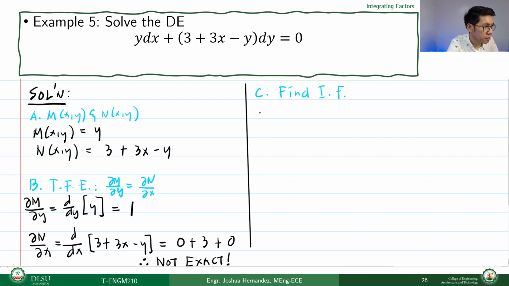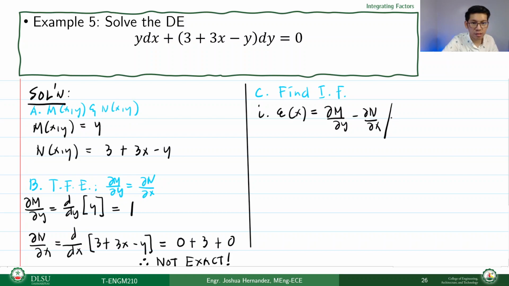We first consider phi of x equals partial derivative of M with respect to y minus partial derivative of N with respect to x all over what? All over N. Yan.